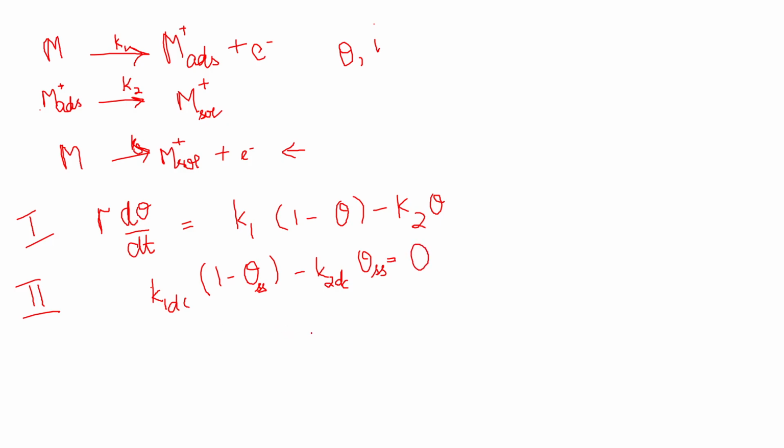So now you have to find out theta SS. What you can do is separate those terms with theta SS on one side and the constants on the other side. So if you are rearranging this, taking all those terms with theta SS to the other side, you will get K1 DC.